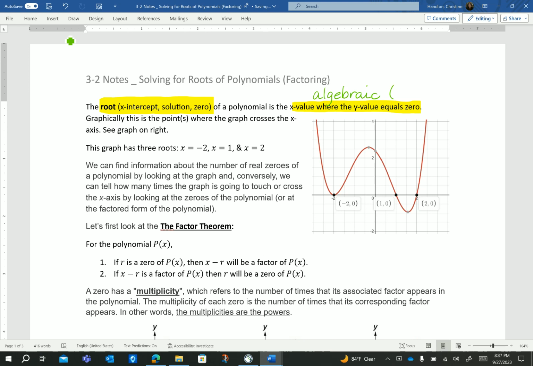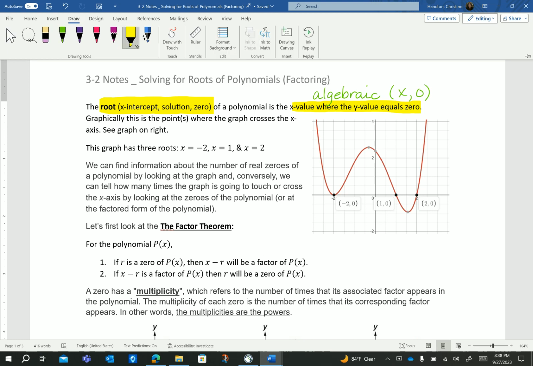So whenever we're looking for an x-intercept, the coordinates will look like this: x comma 0, where the y value is always a 0, okay? Graphically, this is the point where the graph crosses the x-axis.